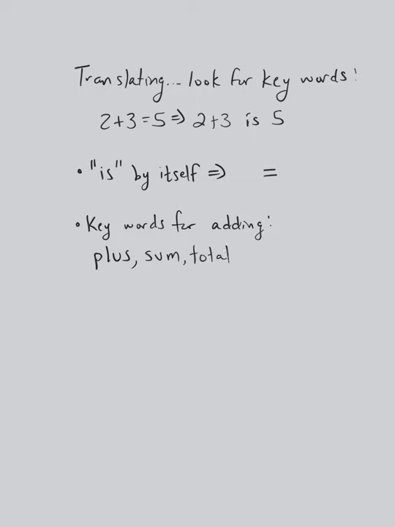All right, and then added to is an important one, an important phrase too. And the words added to and subtract from end up being important because you need to look at the order that the things are written in and think about how that translates, which we'll deal with in a moment.